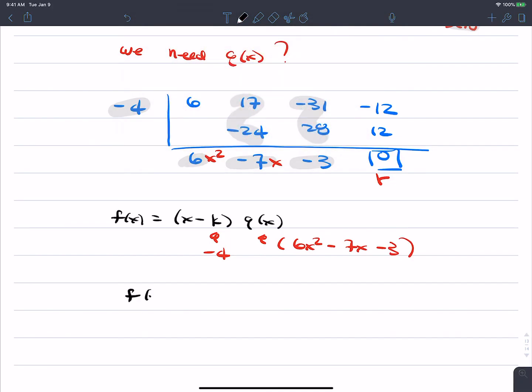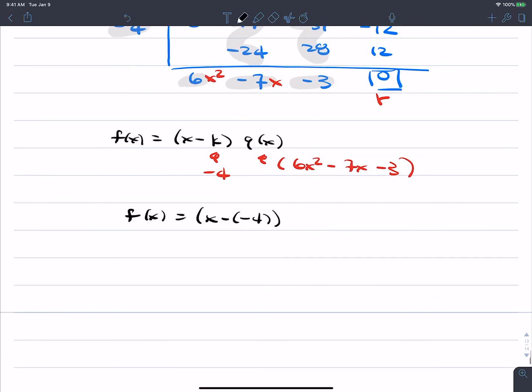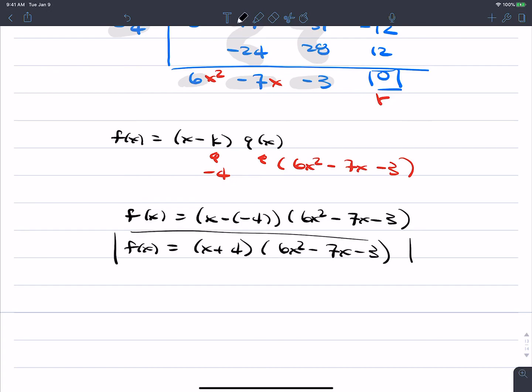Okay. F of x is x minus a negative 4 times 6x squared minus 7x minus 3. So minus the minus makes this a plus. Okay.